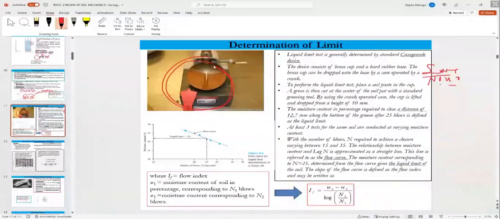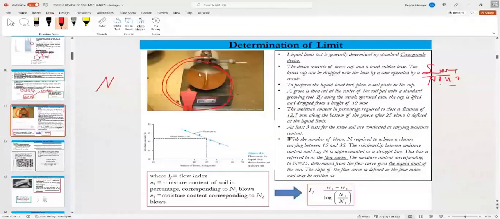Okay, in the Casagrande device, cut a groove through the soil, mark this, and count. Now count the number of blows required to close this groove. Record the number of blows.